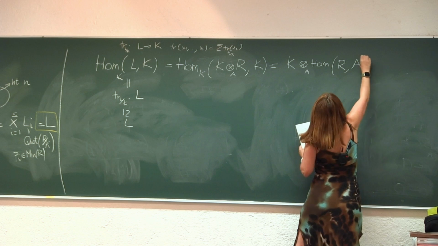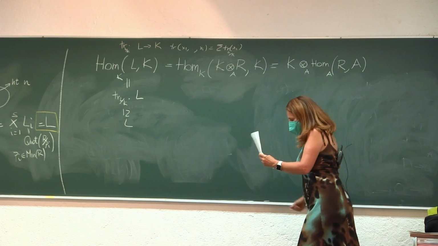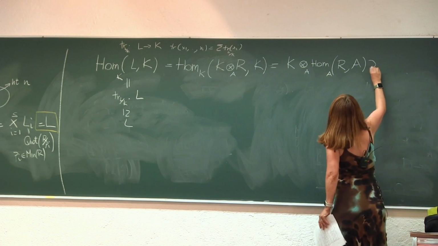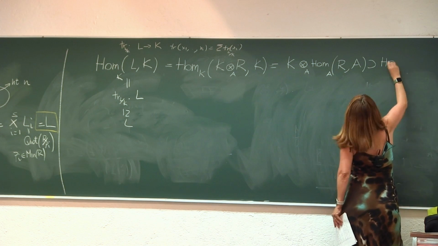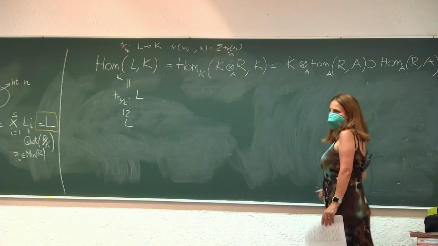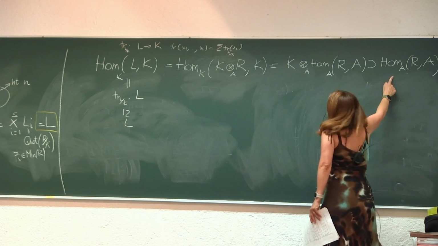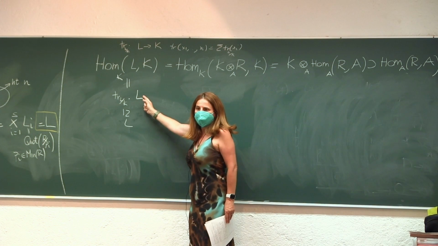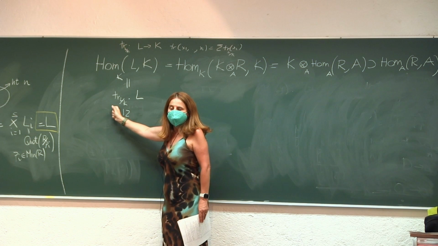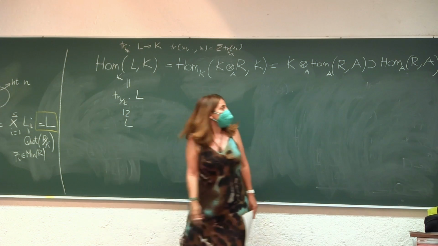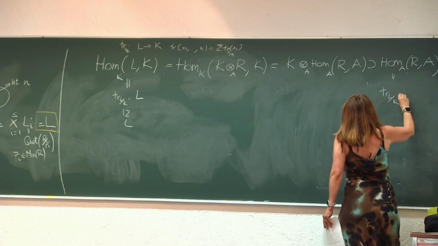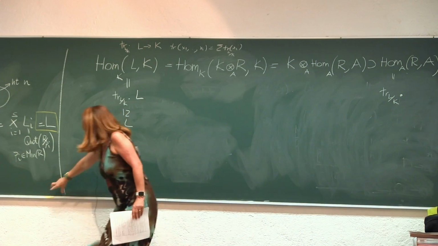But now I can take out the K. And this is K tensor over A of Hom of R and A, since I took out the K, so it's R, obviously, and here I have A. Everything is fine? And this one obviously contains this Hom, so this Hom is containing this cyclic guy.